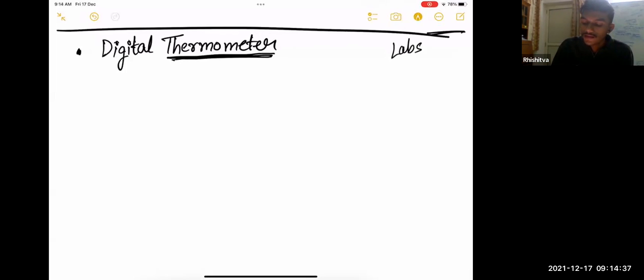In your science labs, due to COVID, you must not be going to school, but in your science lab, you will have an experiment which will be having a thermometer, a laboratory thermometer, in which you will do an experiment of determining the boiling point of water and things like that. So over there also you will be using a laboratory thermometer.